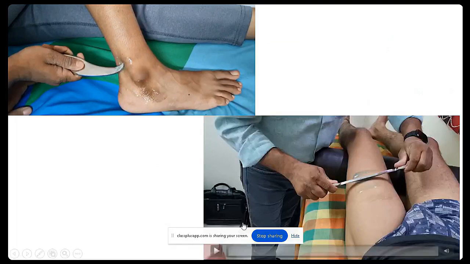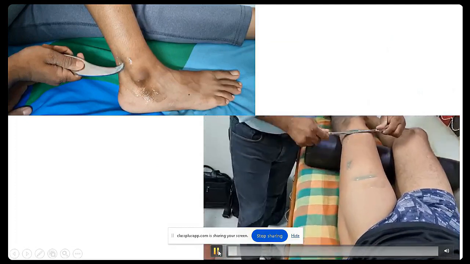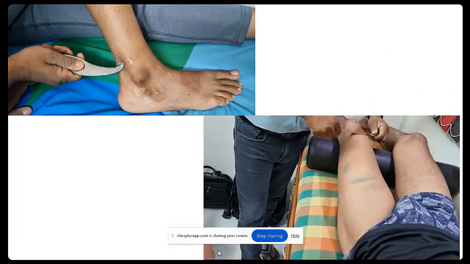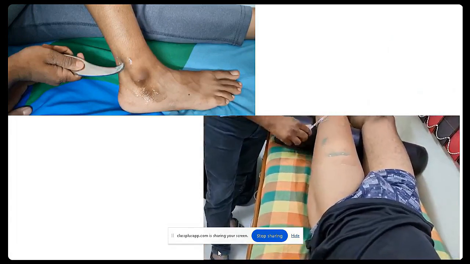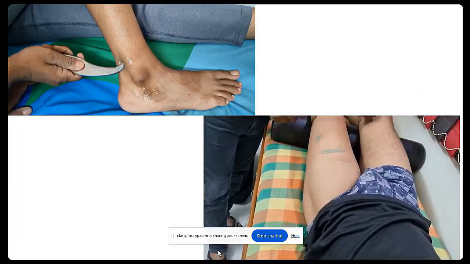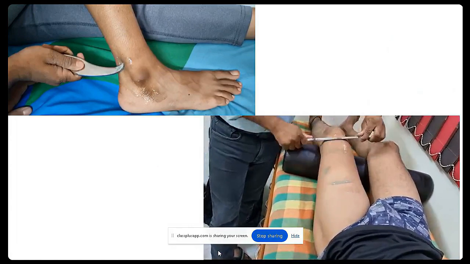In this particular video, I am doing the soft tissue mobilization with this bar for the hamstring and the quadricep, for the quadricep tendinosis. With the help of this bar, I am doing the soft tissue mobilization.